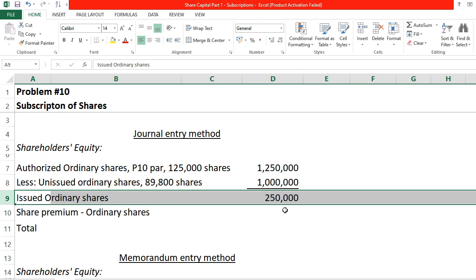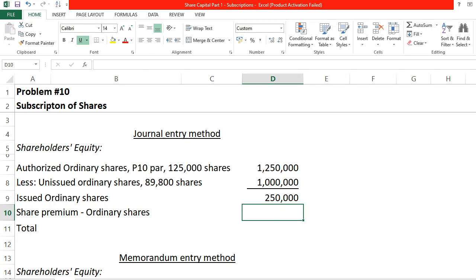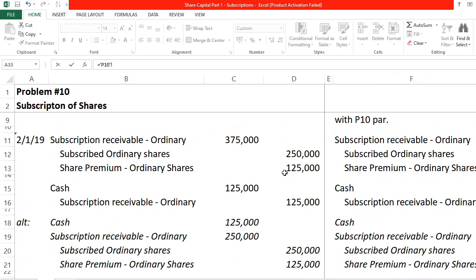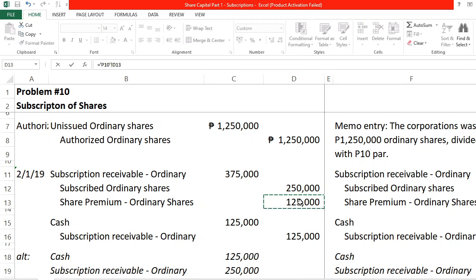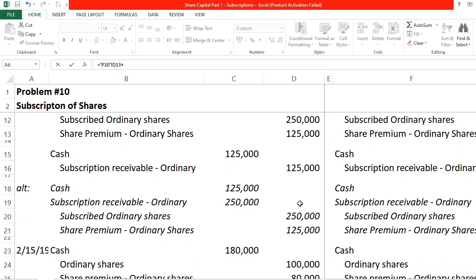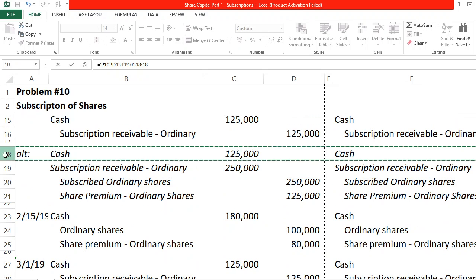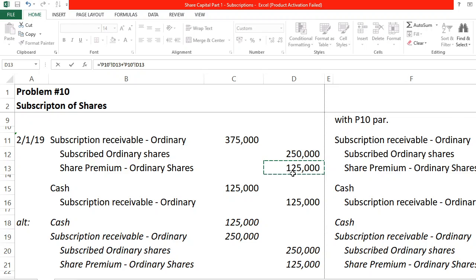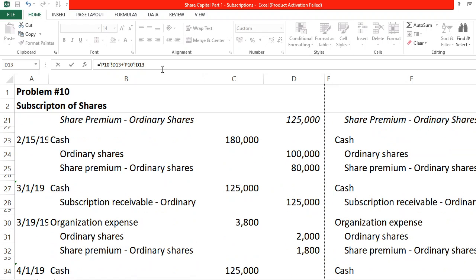250,000 shares. And then, let us add the share premium. First, we have it here upon subscription, plus the other share premium. This is just an alternative. Again, plus this.